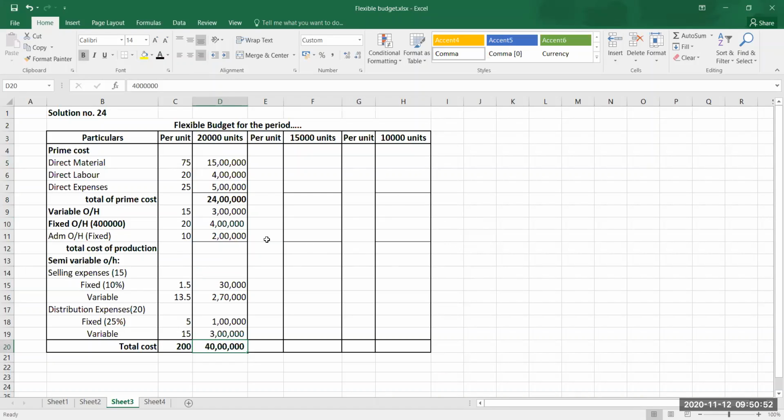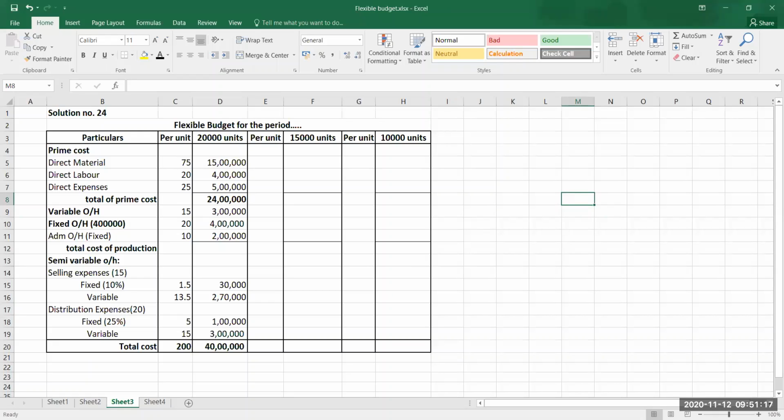Now, let's come to 15,000 and 10,000 units. Always remember, okay? Always remember. The cost per unit will be same for the variable expenses. When I was teaching you the concept of fixed cost and the variable cost, there I had mentioned it.